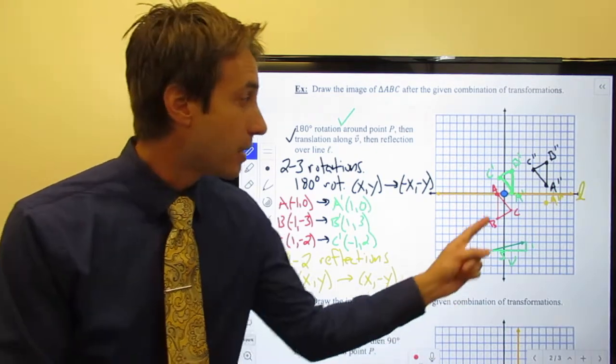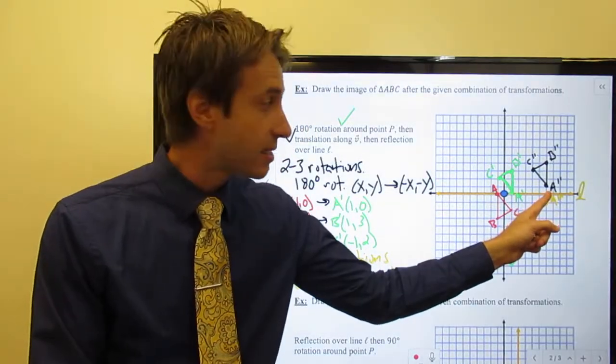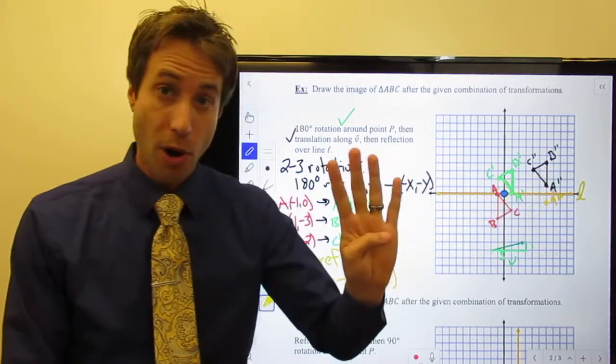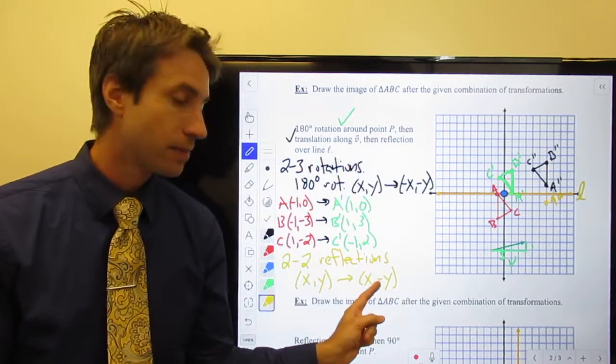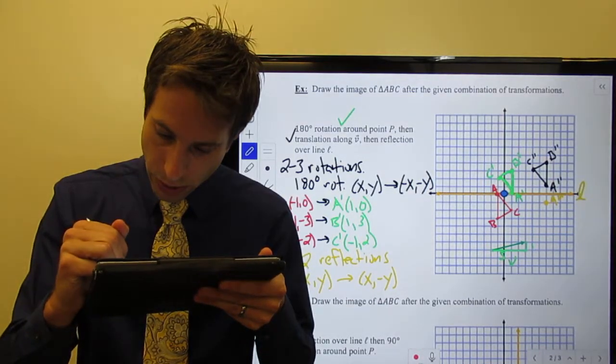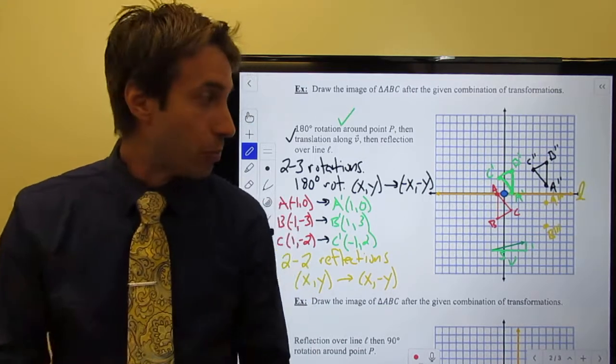Okay, same thing for B, right? B is going to be over at x equals 6. That stays the same. Then B is at 1, 2, 3, 4. Positive 4 on the y-axis. Make it negative. So 1, 2, 3, right there is B triple prime, right?